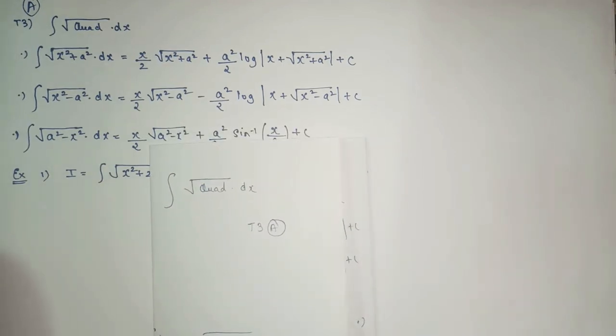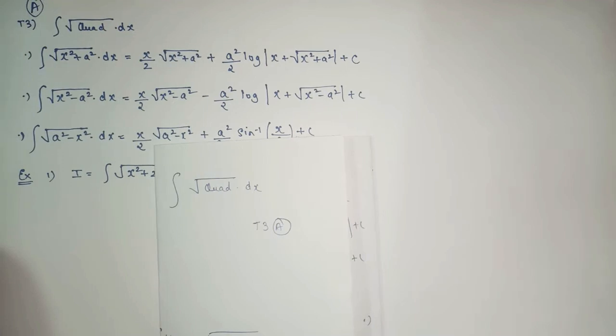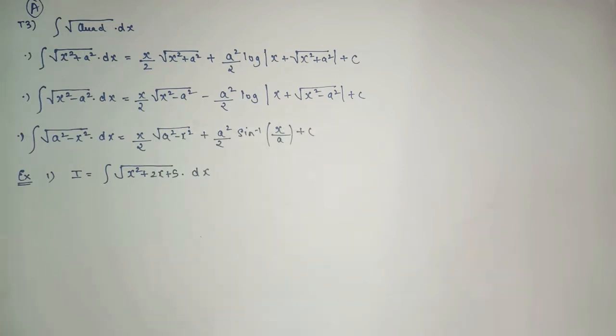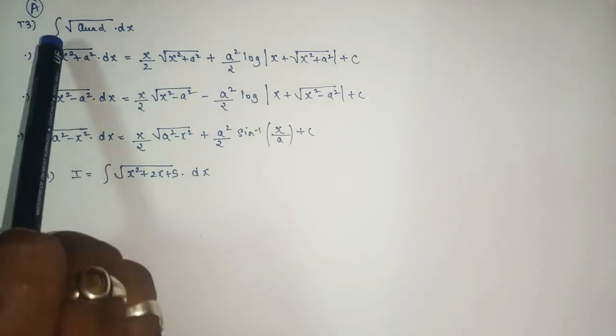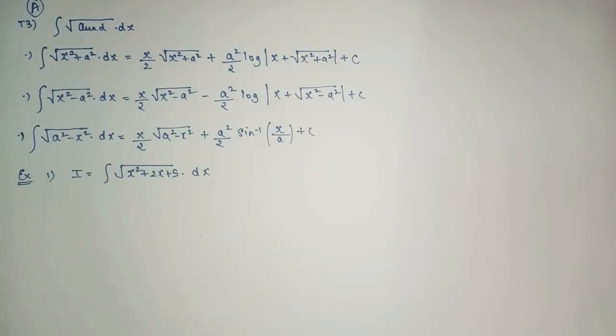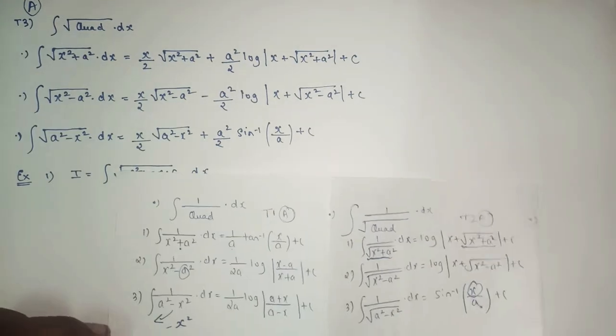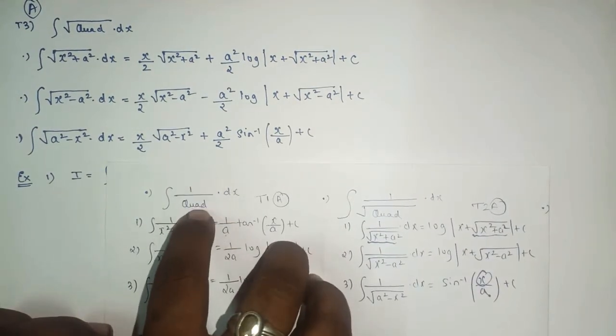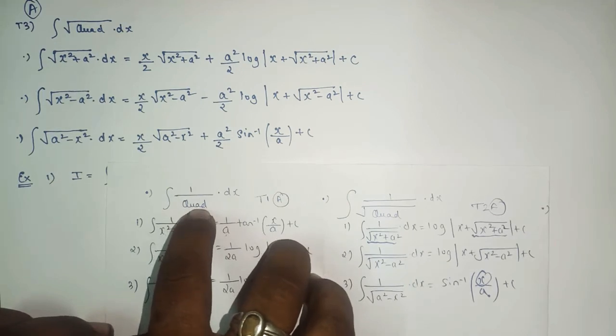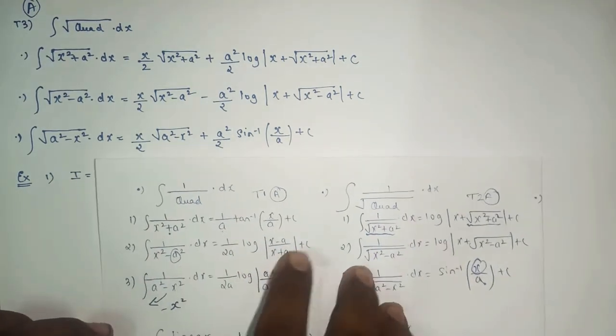As I told in the last lecture, we'll see type number 3 after all three types, that is after type number 4, 5 and 6. So today we're going to see type number 3a, which is in the form of integral root quadratic. As we know, for integral 1 upon quadratic there are three formulas.